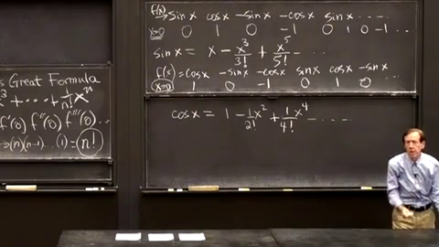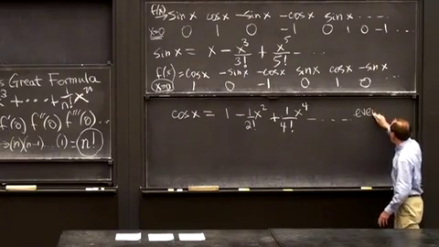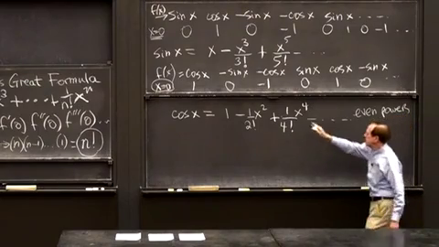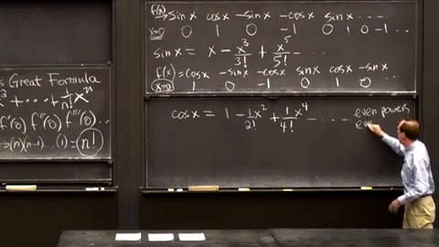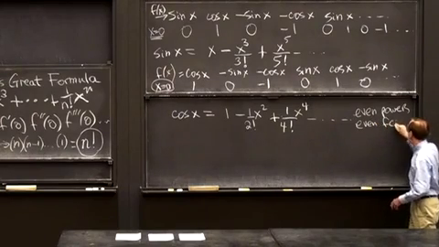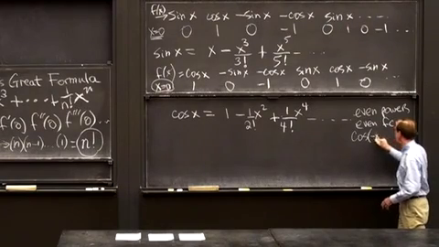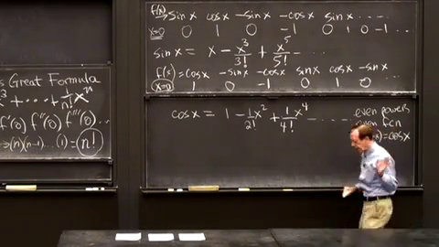All even powers. The 0th, 2nd, 4th, 6th power. So it's an even function. That means that the cosine of minus x is exactly the same as the cosine of x.